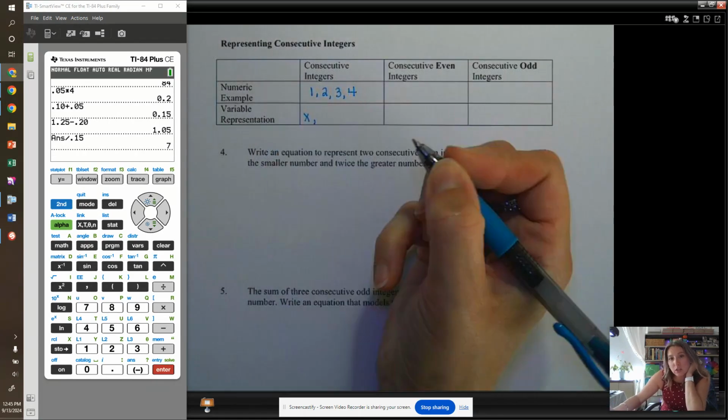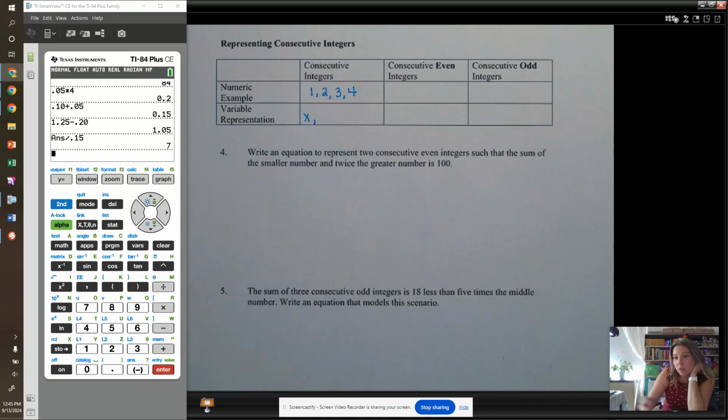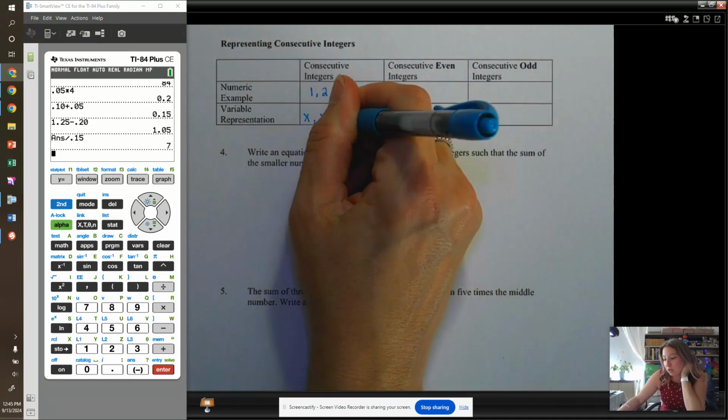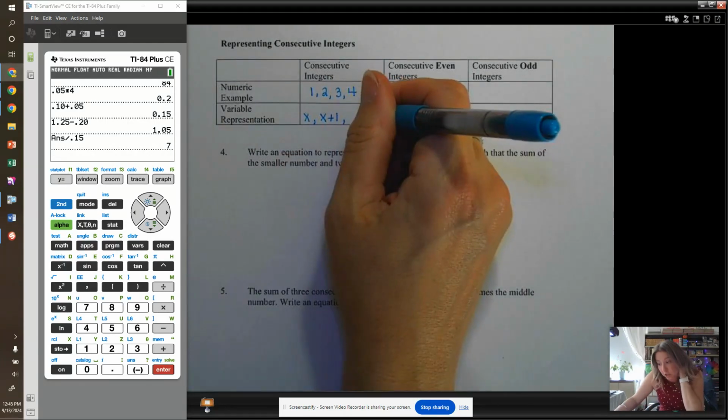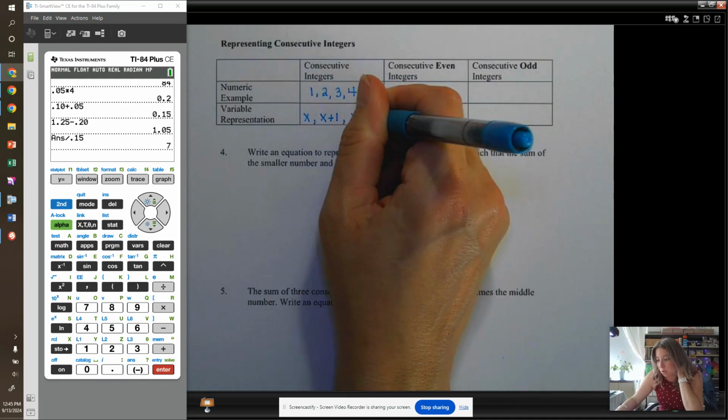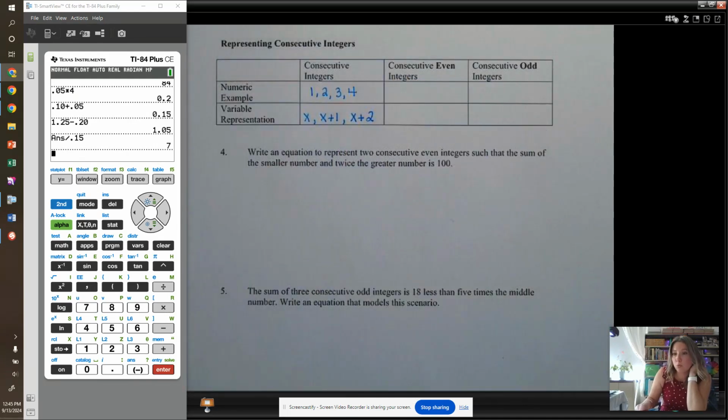So if x is the first number's value, then x plus 1 is the second consecutive integer's value. And if, let's say there's 3, then from that first x, you go 1, 2 to get to the third consecutive integer's value. That's your x value plus 2 more away. And so on and so on. We're usually not asked to represent more than 3 consecutive integers in a row.